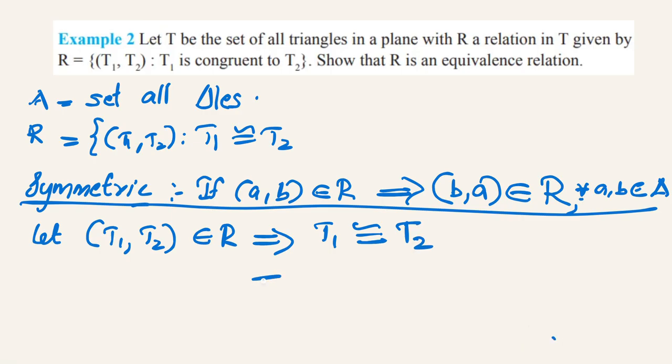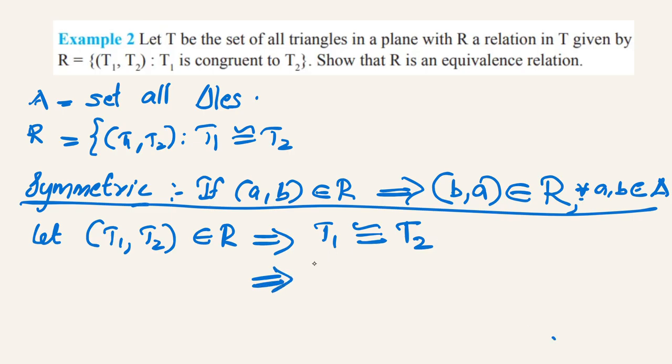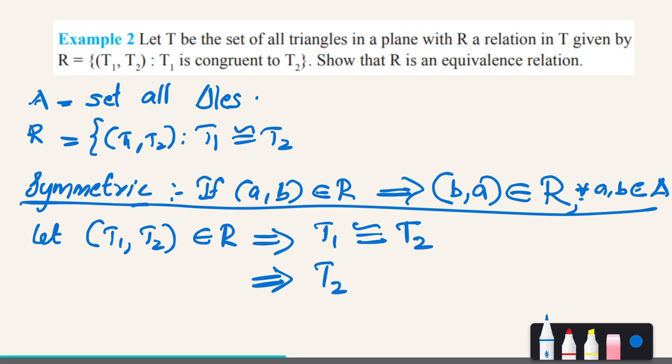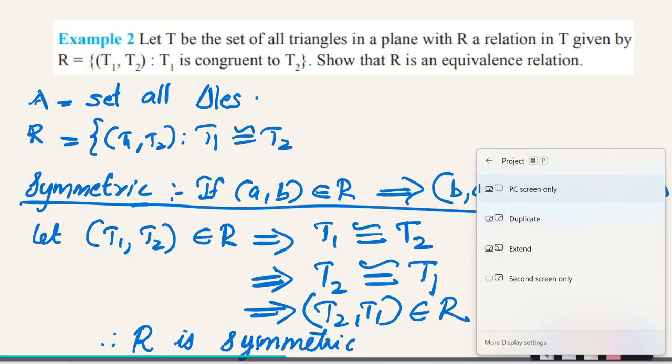If the first triangle is congruent to the second triangle, the second triangle is also congruent to the first triangle, which implies (T2, T1) also belongs to the relation. Therefore, we can say that R is a symmetric relation.